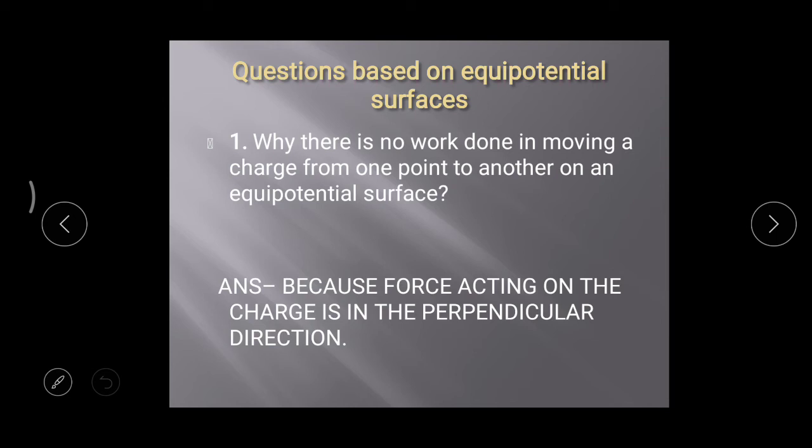If there is no potential difference, then work done will be zero. This can also be proved because the electric field intensity is perpendicular to the displacement as we move the charge on the equipotential surface. So force and displacement are perpendicular, so work done is zero.